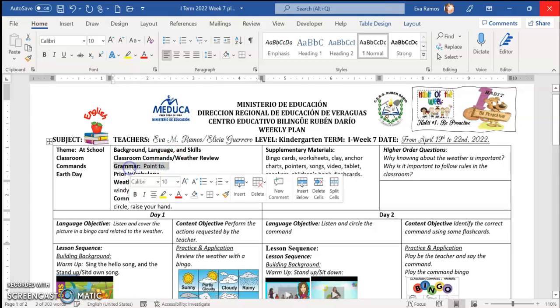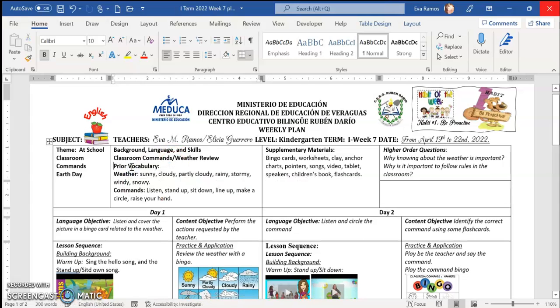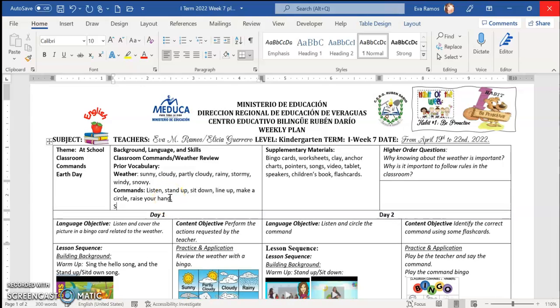And this week I'm not going to focus only on grammar. We are going to see and review the commands, and I'm going to introduce the school, I will say places at school. It would be a connection between places and things at school.